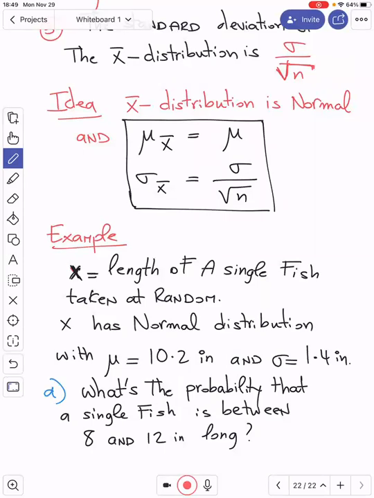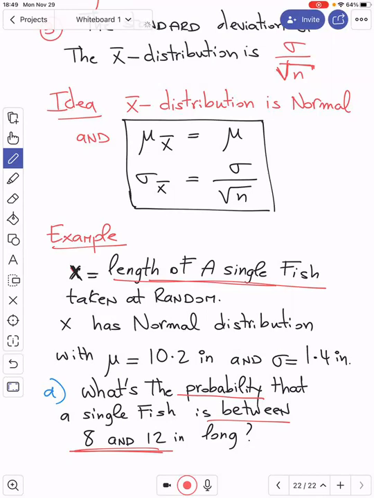So what we do in this case, you need your X. The X is the length of a single fish, just one fish, right? And you want the probability that the length of the single fish is between 8 and 12. You need your X to be between 8 and 12, right?